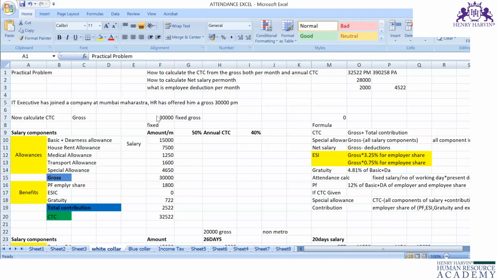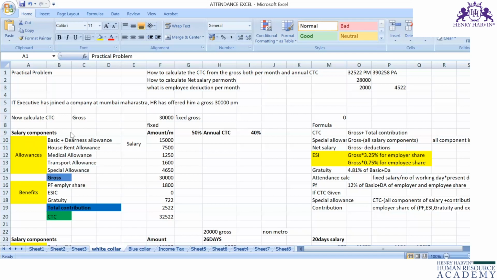For example, metro cities are Chennai, Mumbai, Goa, Kolkata, Delhi. If your organization is located in metro cities, you have to calculate 50%. If your organization is located in non-metro cities, you have to calculate 40%.